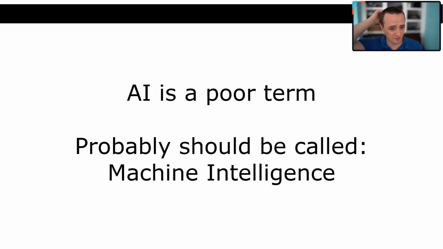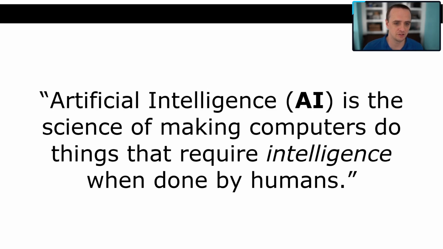So AI is kind of a poor term. AI should probably be machine intelligence. There's another side of AI that's called computational intelligence. I really like that term as well. But the point is there's nothing really artificial about it. If something is intelligent, it's intelligent. And AI is essentially just computers that are intelligent.